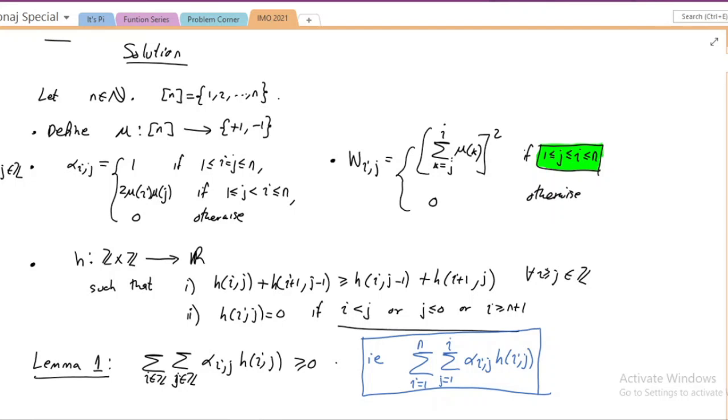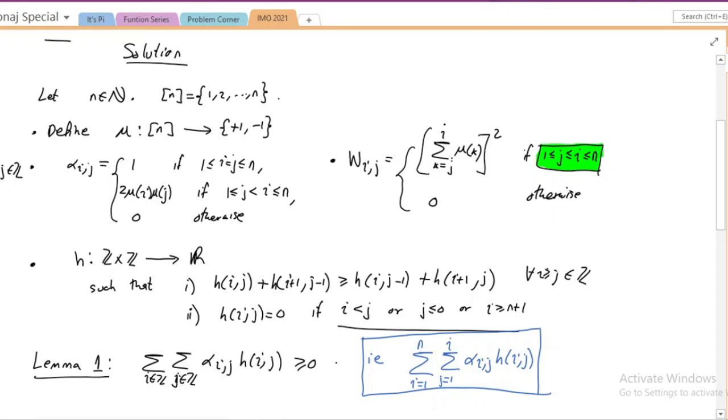Then similarly we define w_ij in the same range, otherwise we get 0. We define it to be this sum squared. This sum makes sense for this range because we're summing from j to i, so j has to at least be less than or equal to i. They could be equal, meaning we just have one term.